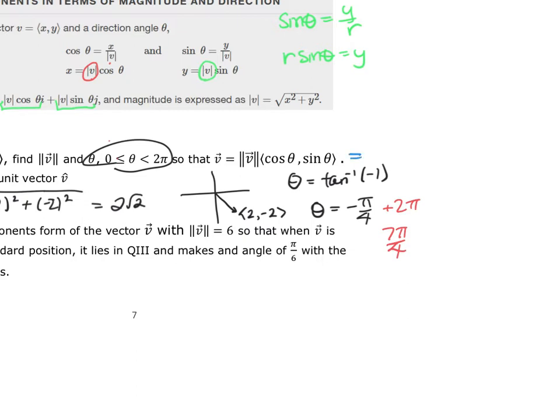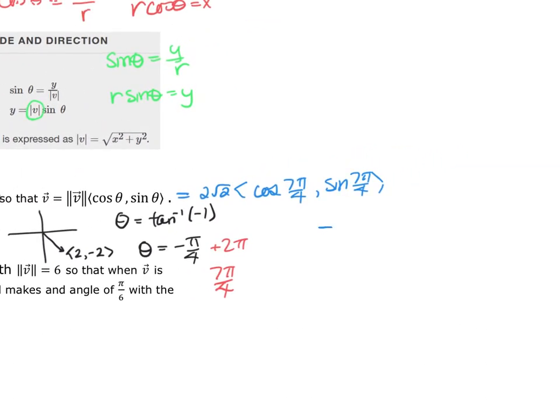So now to write this in the correct form, and you're going to think, wow, this looks so familiar. This is going to be 2 root 2 as my scalar, the cosine of 7 pi over 4, and then the sine of 7 pi over 4. And you're going to say, but this looks like polar. Well, it does. It most certainly does.